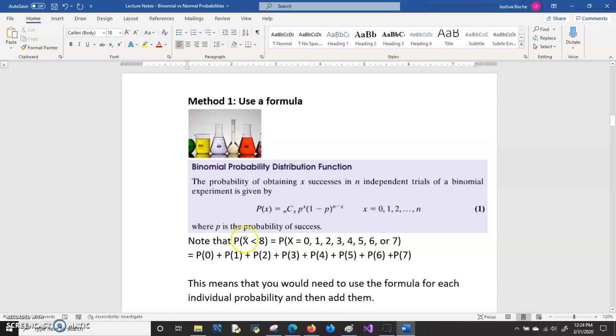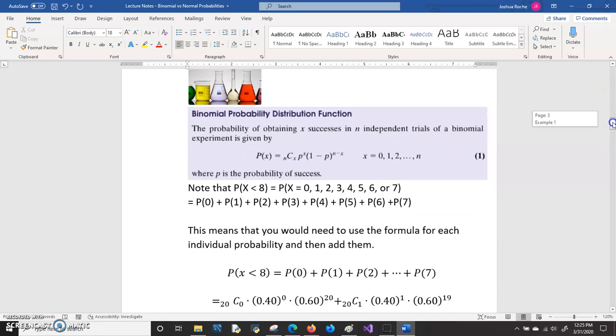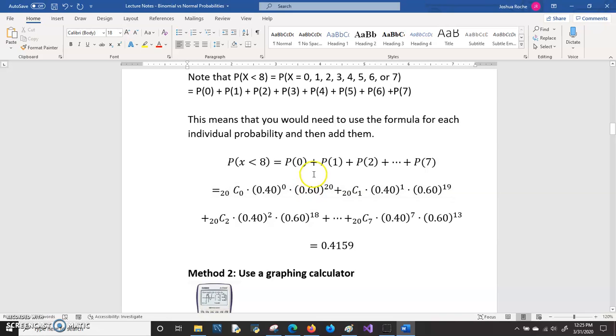Also, we'll want to note that the probability that x is less than 8 is the same as saying the probability that x is 0, 1, 2, 3, 4, 5, 6, or 7. If you want to find all those probabilities, you would find each of them individually and then add them together: probability of 0 plus probability of 1 plus probability of 2, all the way to the probability of 7. You would use the formula to find each of these individual probabilities.